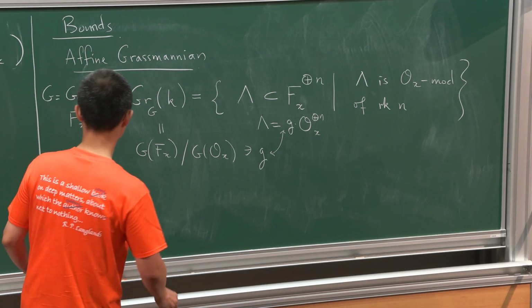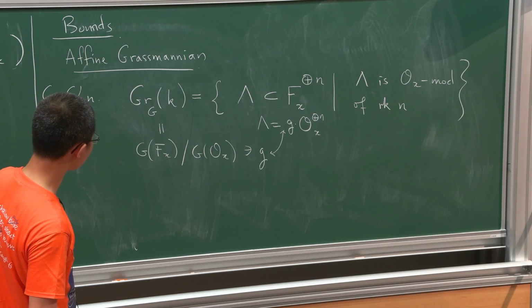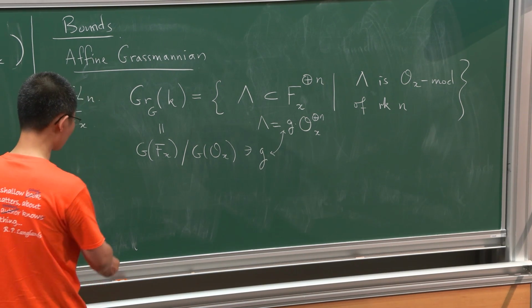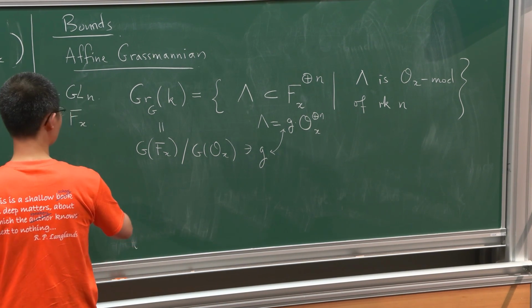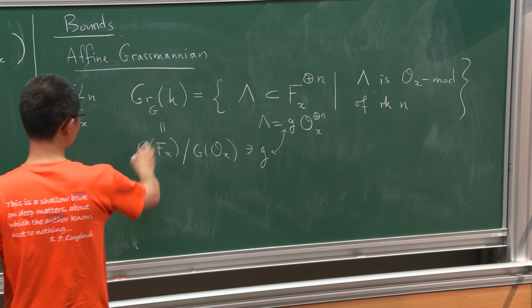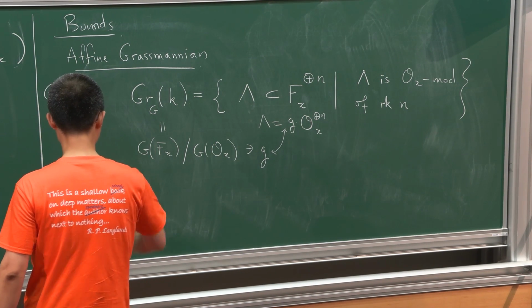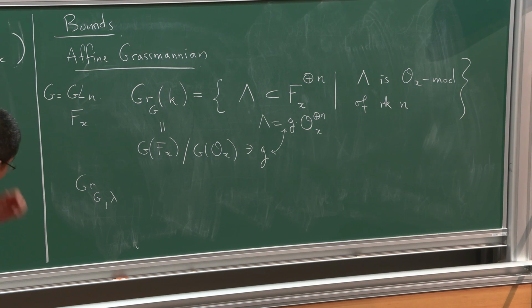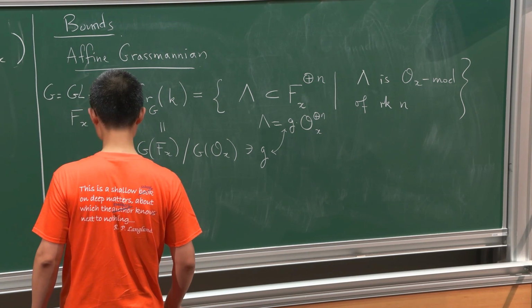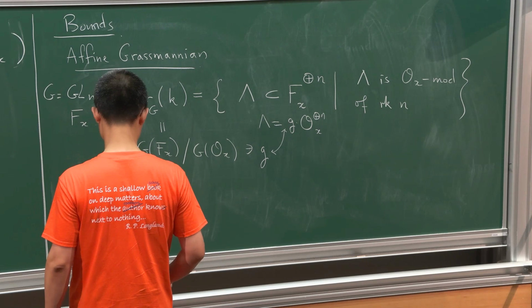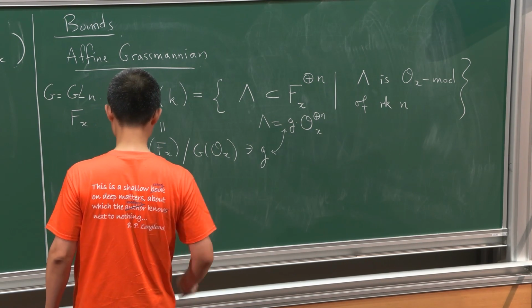And now we introduce a stratification, or rather first a decomposition of the affine Grassmannian just on the level of sets. So Gr lambda, let me be very concrete.